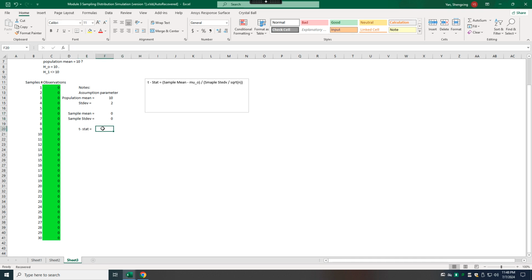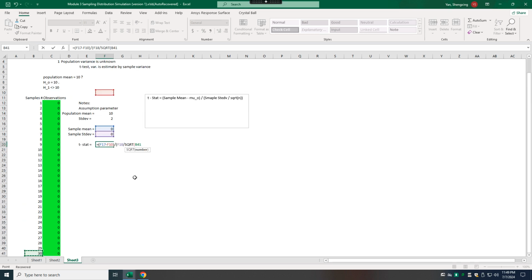Then our t-statistic, let's put in the formula there. Sample mean minus, we assume this is mu 0, divided by the sample standard deviation divided by the square root of the sample size n, 30.